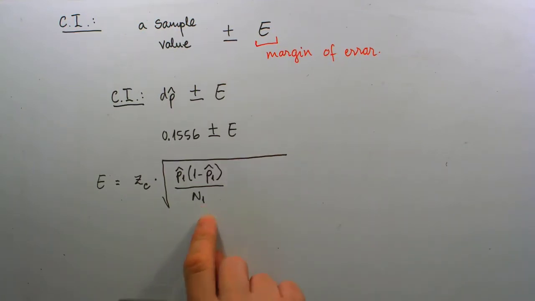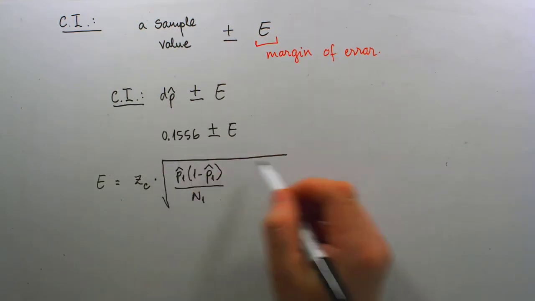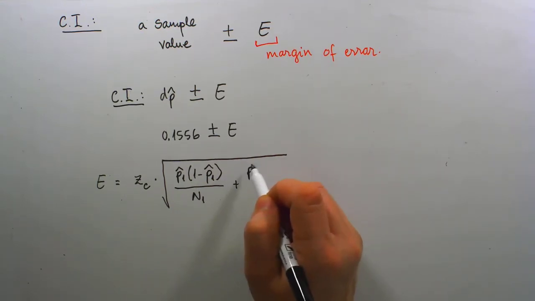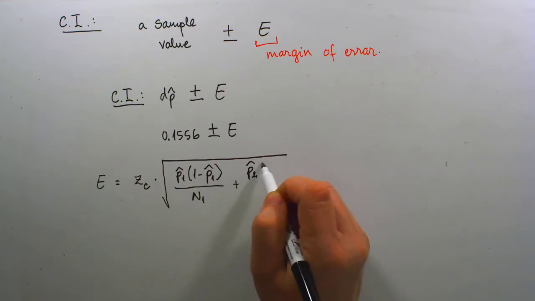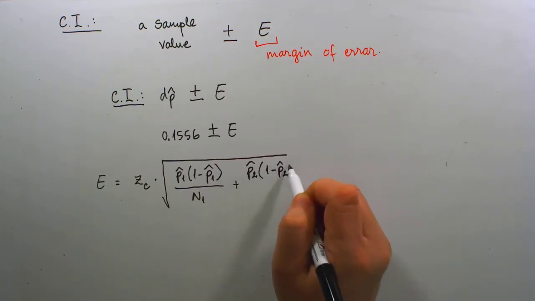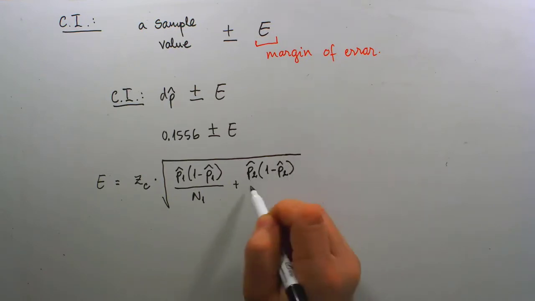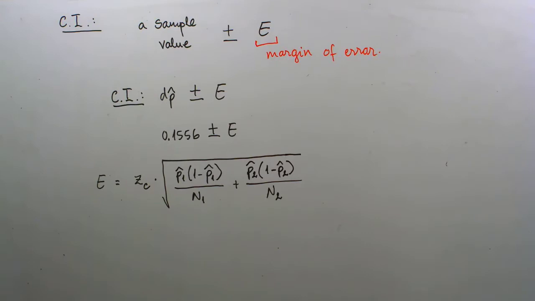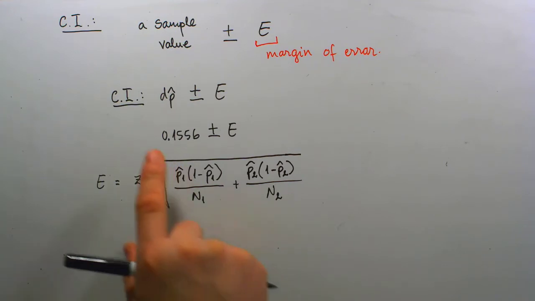And still inside that expression, we add another quotient, p hat 2 multiplied by 1 minus p hat 2, divided by n2. So this is our formula to calculate the margin of error that estimates the value dp.